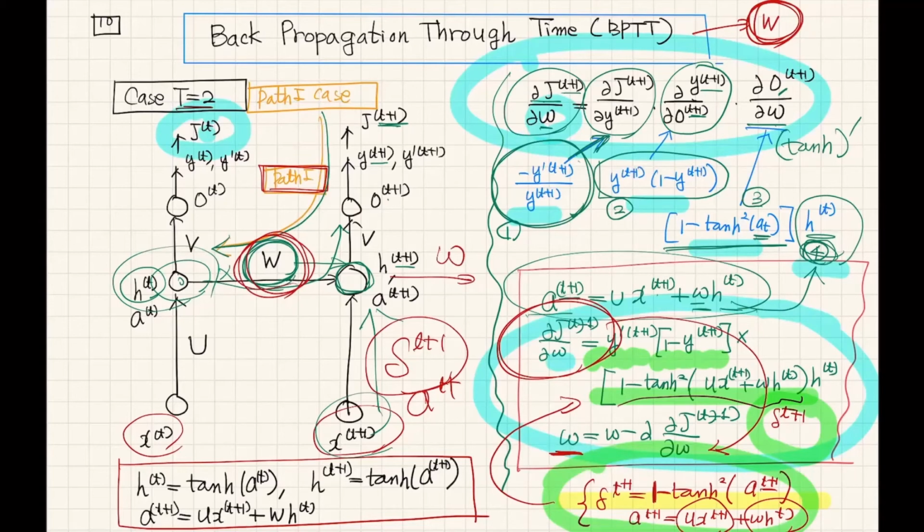The rules are the same. The total cost function is the summation of the cost function of each layer. So our task is to take the derivative of the stage t cost function with respect to W. In order to do that, you just go through the path.